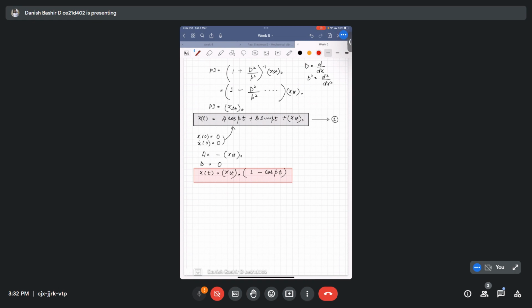Okay, we can do the same thing for a damped system also, because we considered an undamped system.